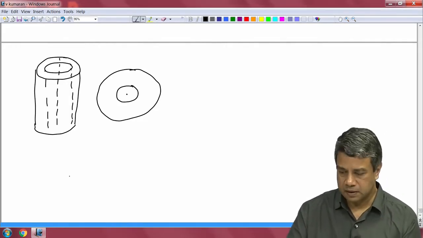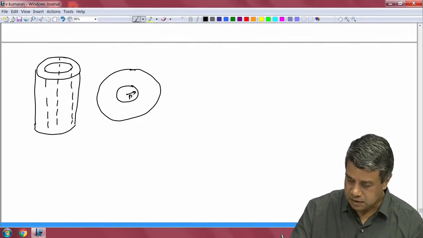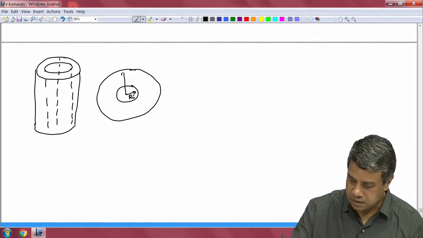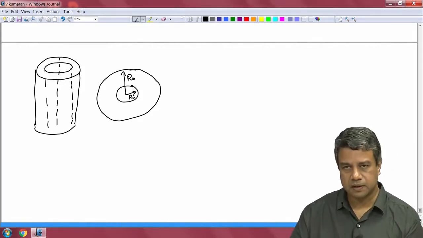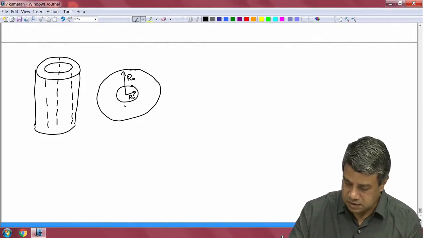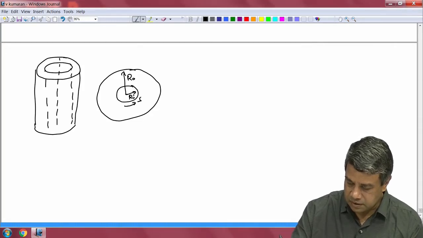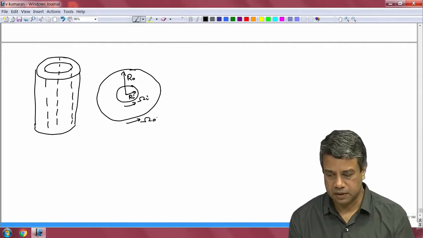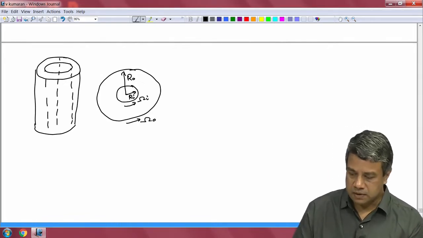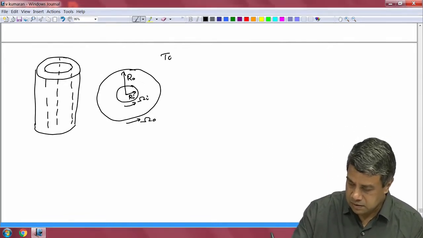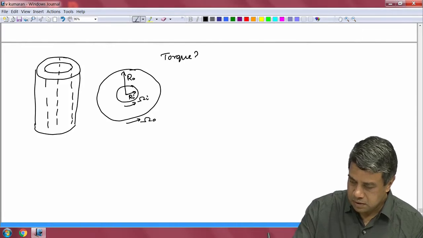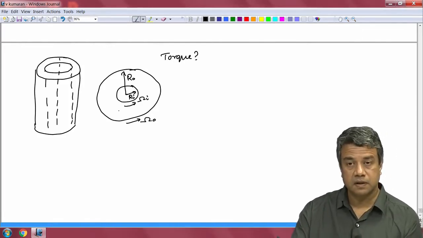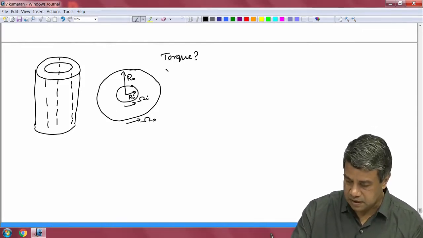The inner radius is Ri, the outer radius is Ro. The inner cylinder is moving with an angular velocity omega I, and the outer cylinder is moving with an angular velocity omega O. What we would like to find out is the torque on these cylinders if the fluid has a viscosity mu.